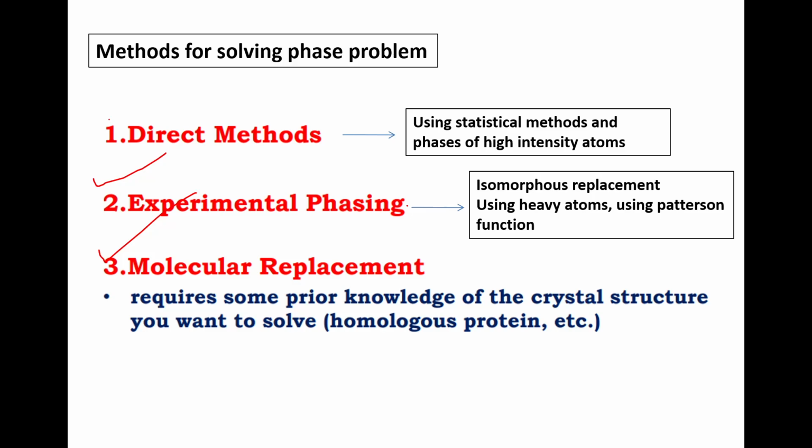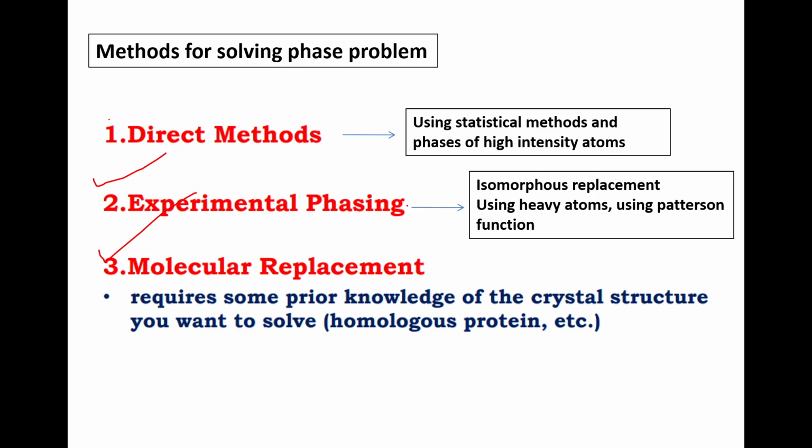Now, for all the atoms present in the crystal, we consider that Friedel's law is satisfied. If a crystal is diffracting at a spot in the reciprocal space with coordinates h, k, l, the structure factor F(h,k,l) should be equal to the structure factor at the point minus h, minus k, minus l.